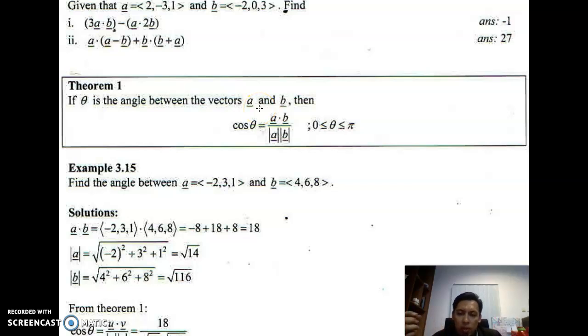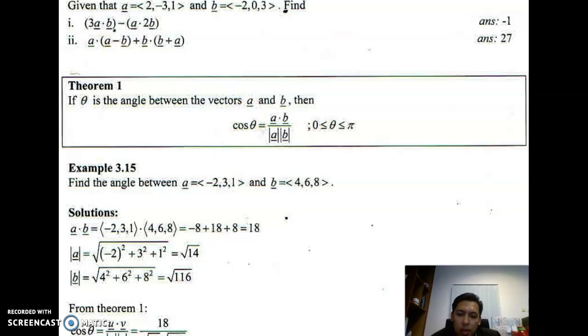The one that we discussed before on finding direction angle was about finding an angle of a vector from an axis x, y, and z. As for this one, we are talking about finding an angle between vectors.